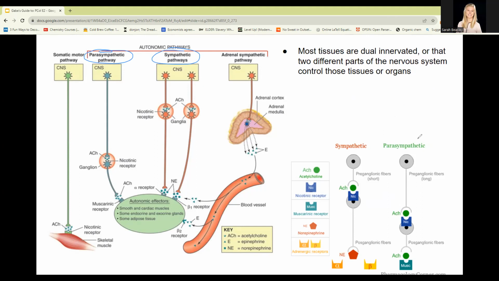So when we think of this, what I always want you to keep in mind is that parasympathetic is rest and digest, whereas sympathetic is fight or flight. What we talk about in the nervous system is the two different kinds of tones that the body uses.